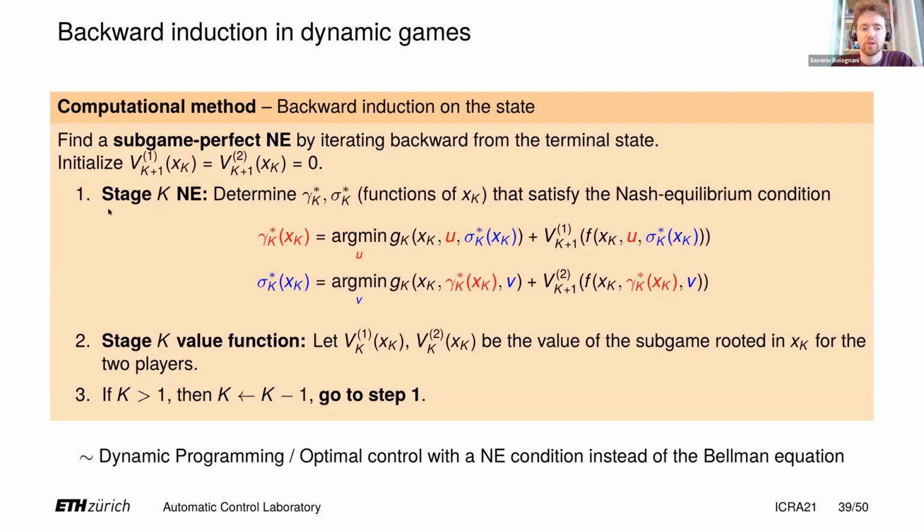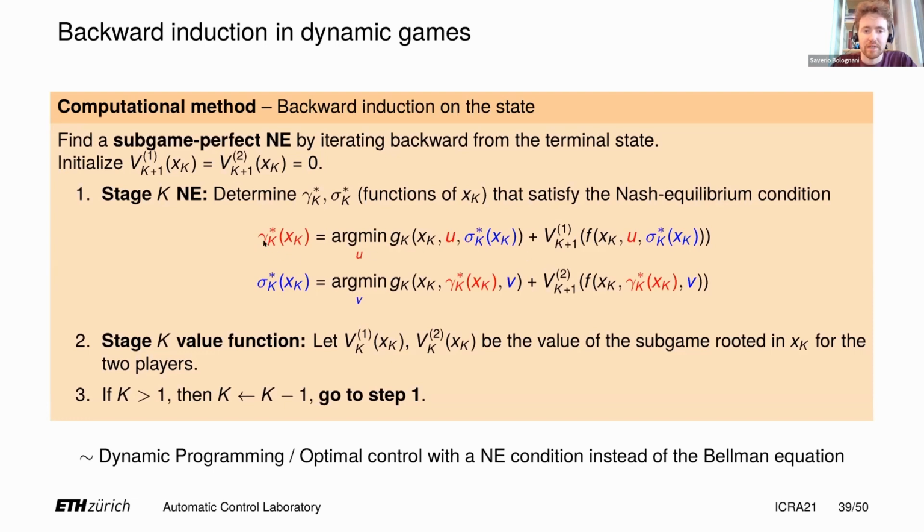Okay. Then you look at stage capital K and you determine two functions, gamma_k star and sigma_k star. These are not numbers, these are functions of x_k that satisfy this Nash equilibrium condition. This is exactly what we've seen before, but we are using the fact that the stage cost is additive.